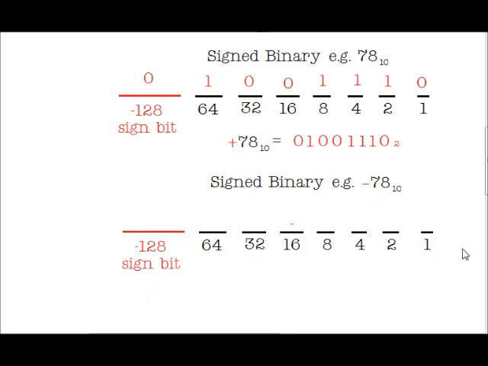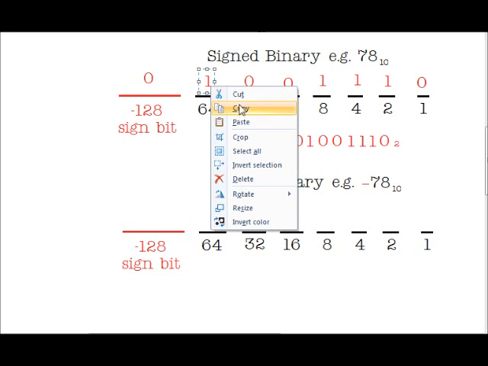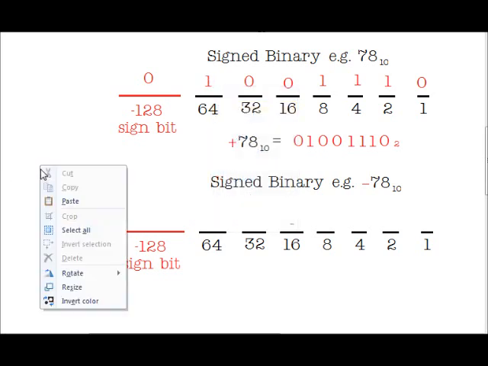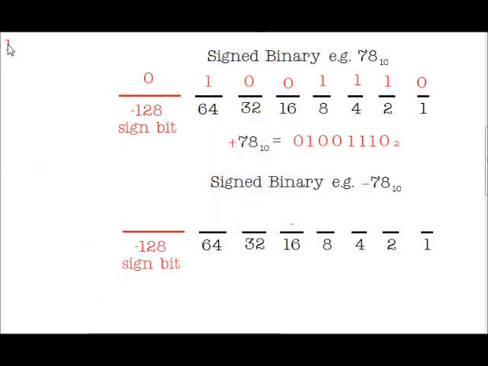Again, we have the place values, and the most significant bit is again the sign bit, and this sign bit has a place value of minus 128. Now, because it is a negative number, then the sign bit would be 1.